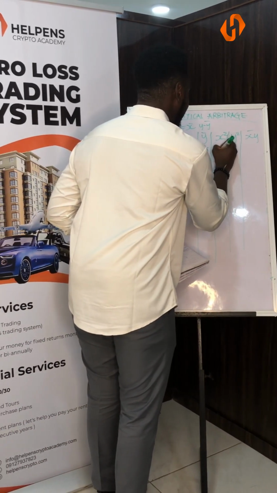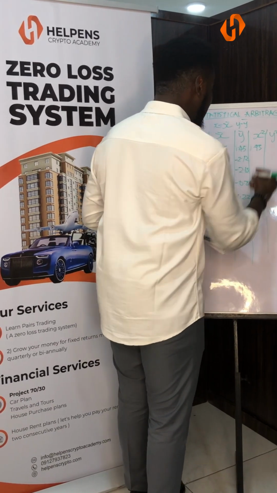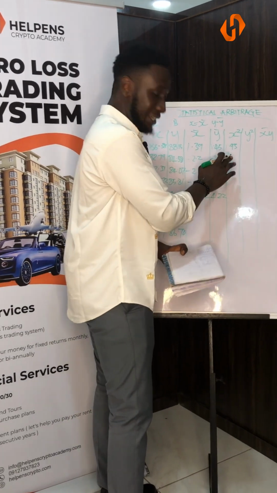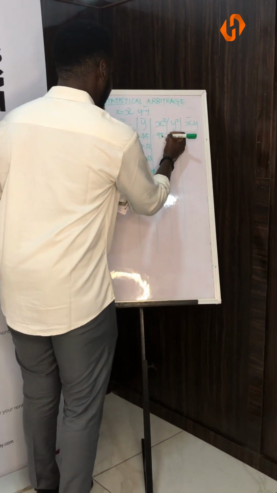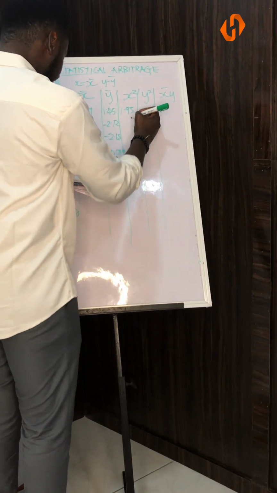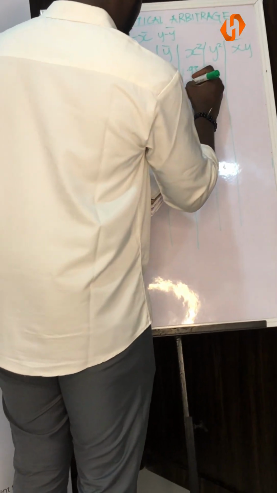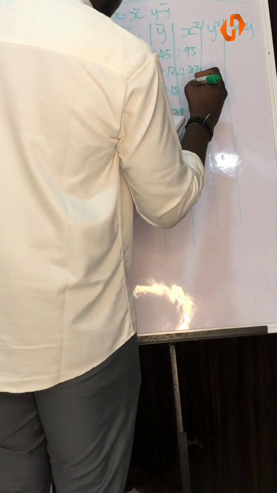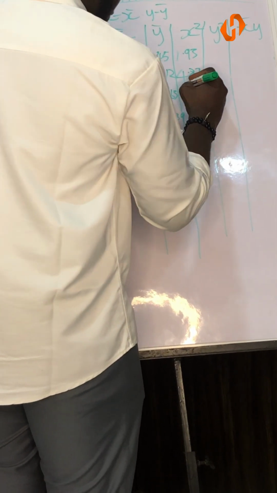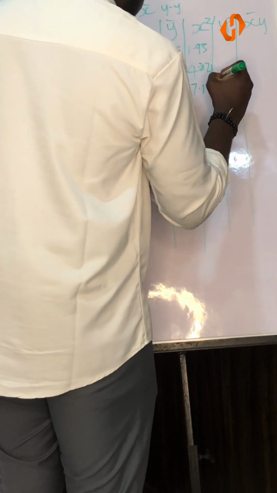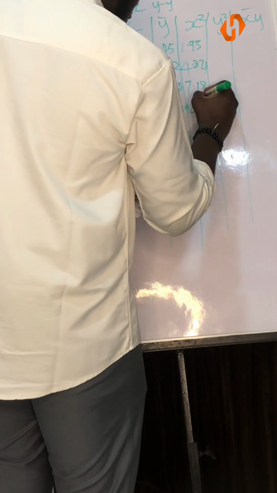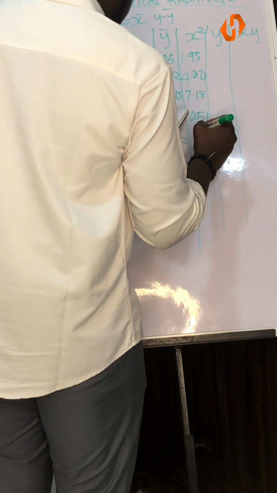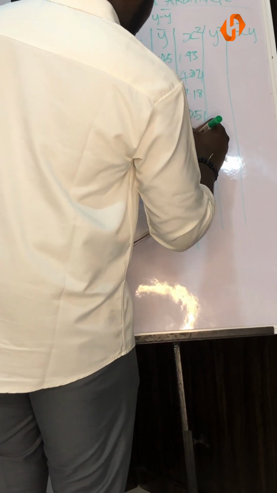I'll input the figures with the same calculation: 1.93 for the first one, 4.84 for the second, 7.18 for the third, 0.51 for the fourth, and 17.98 for the last one.